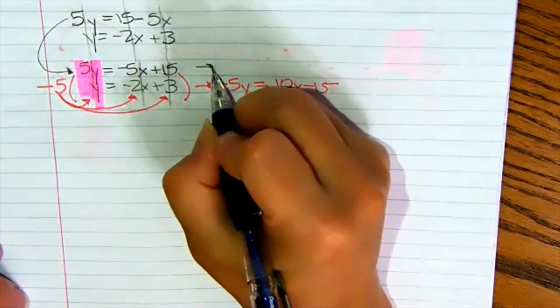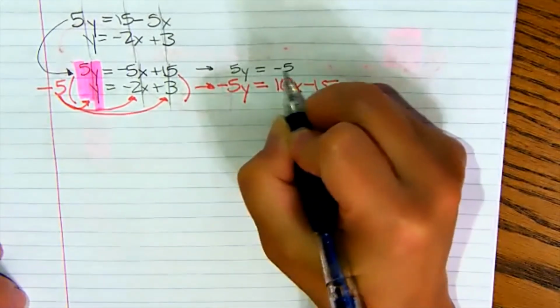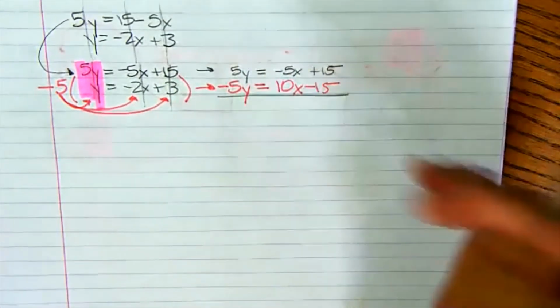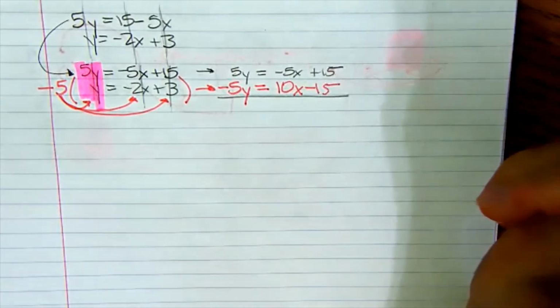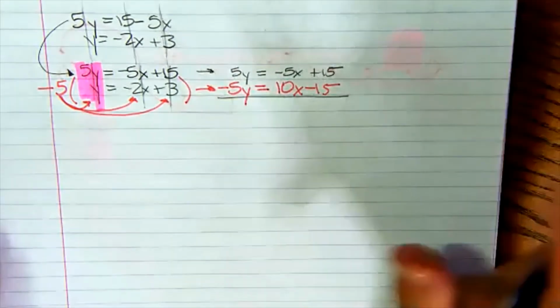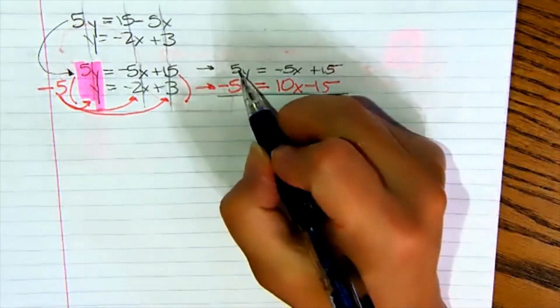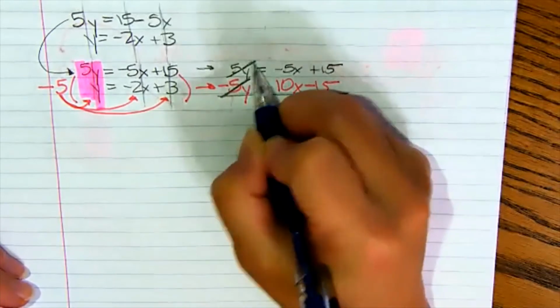So we'll bring this top equation over. 5y equals negative 5x plus 15. And now when we add these two equations together, we have a set of terms that cancel each other or are eliminated. Positive 5y and negative 5y cancel each other.